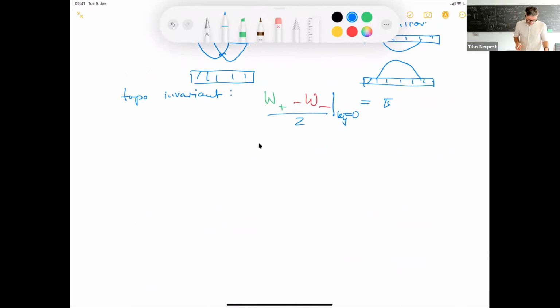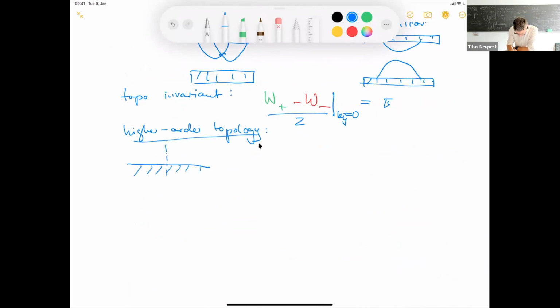Now let me go to the higher order topology point of view in this model. So far I've looked at the edge that's perfectly mirror symmetric, right?